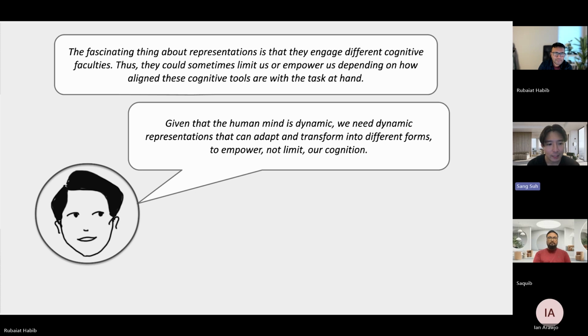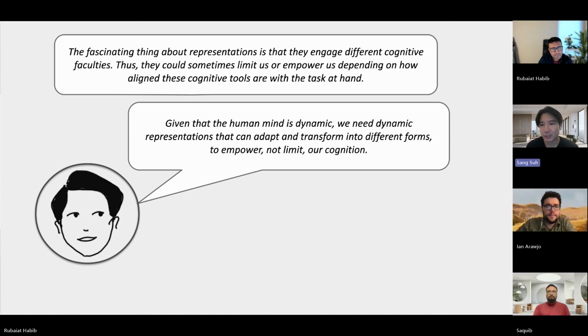And the reason why I'm really fascinated by this is because representations engage different cognitive faculties in us, and sometimes for certain tasks, a particular representation is more appropriate, as we saw. For more intuitive understanding, pictorial representations can be better compared to mathematical representations, which require you to think in a more abstract sense.